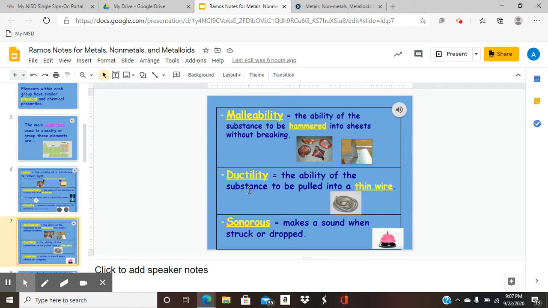So like the metal fence around your house or around the school, that's ductile. Your jewelry, your earrings, your bracelets, your necklace, it's in a ductile form. Sonorous: it makes a sound when struck or dropped, so you could hear it.